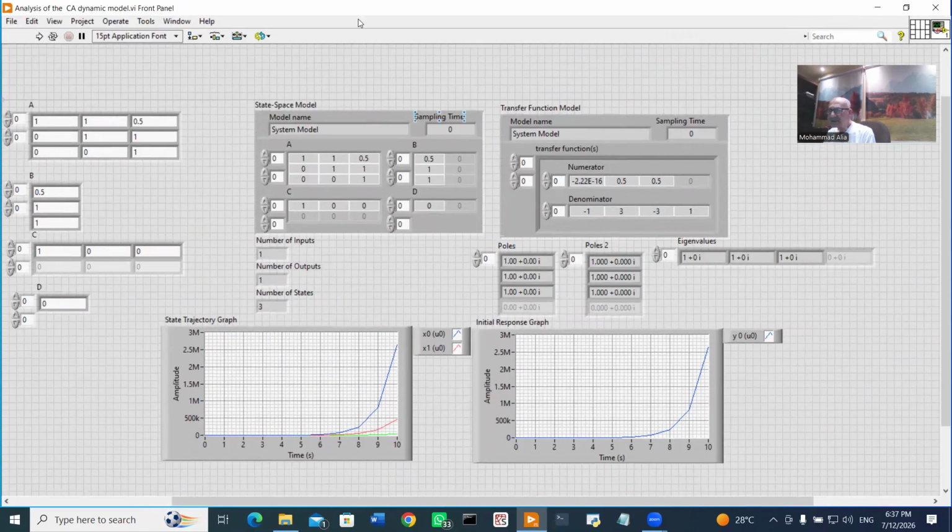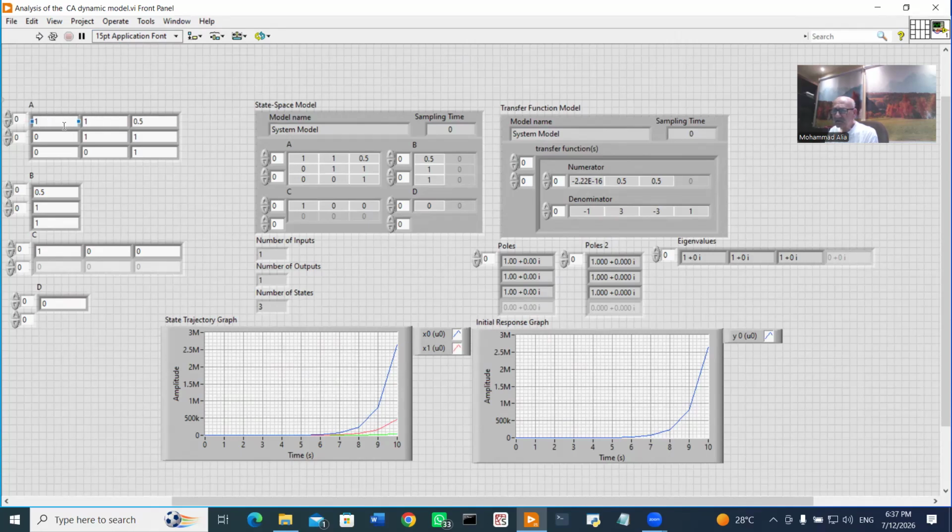This is the constant acceleration. So we have three variables: the position, the velocity, and the acceleration. But the acceleration is assumed to be constant. Though this is just an assumption, in real applications the acceleration may change. And so, as a result of the jerk effect, there will be noise.